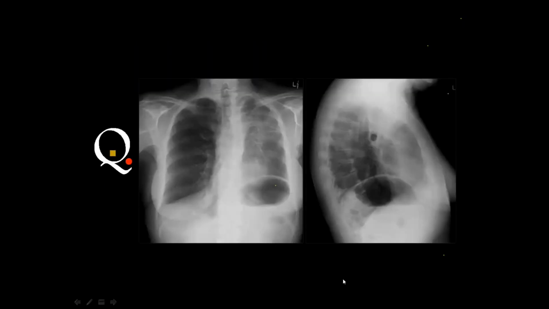Next case is a chest X-ray, and they got opacity on the left side. Tension pneumothorax, no. There is no pneumothorax actually.